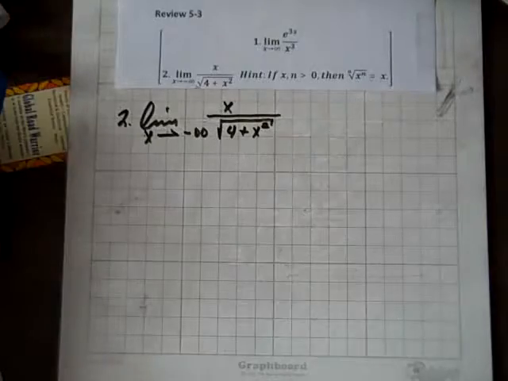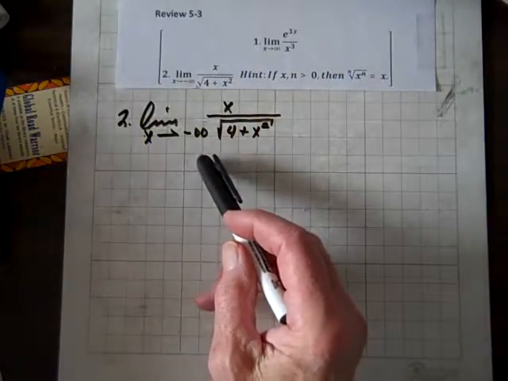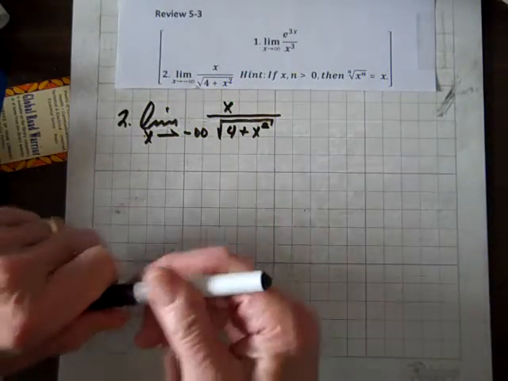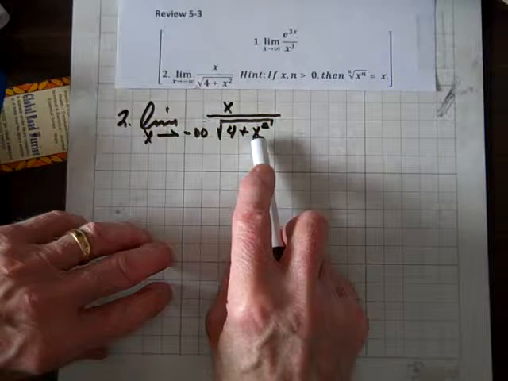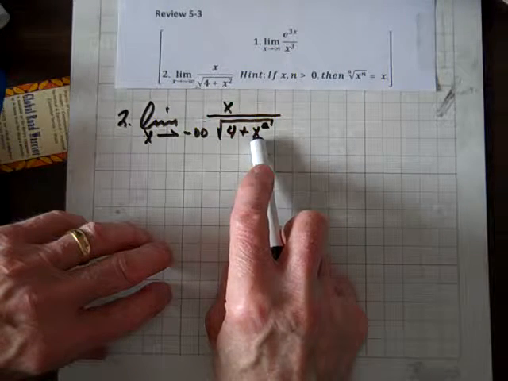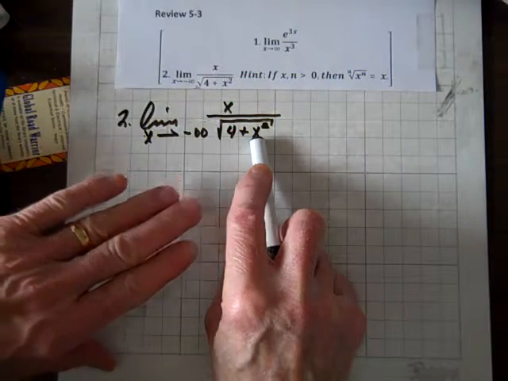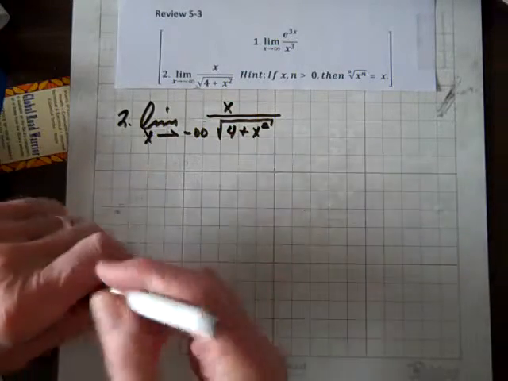Okay, well, now let's do problem 2, and we have to find the limit as x goes to negative infinity of x over the square root of 4 plus x squared. Well, regardless of whether we evaluate a negative x or a positive value for x, x squared is going to go positive because it's squared.